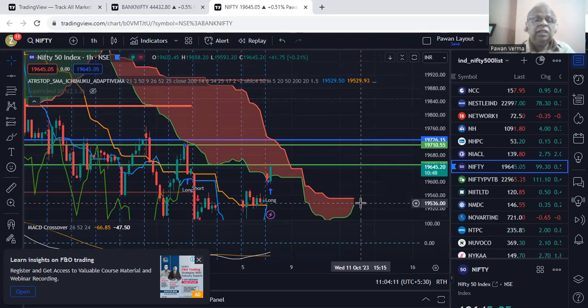So we can see a bounce back or a short-term rally in the near future, in the coming one or two days.